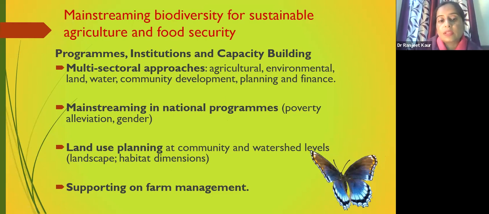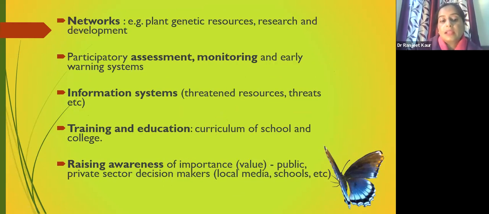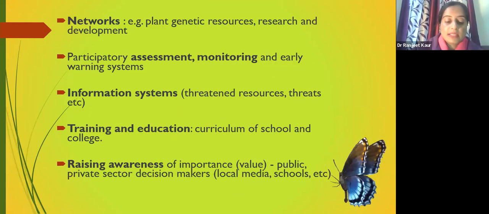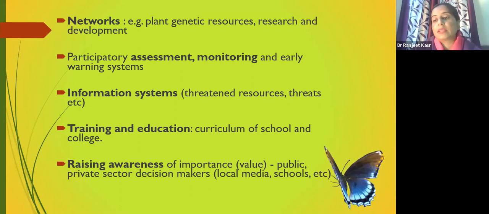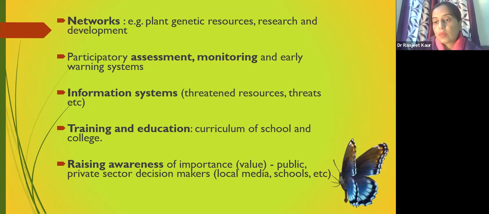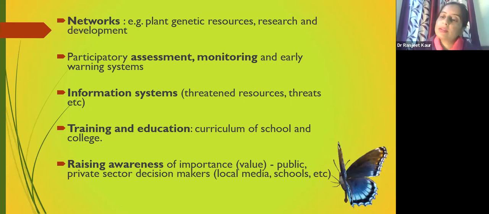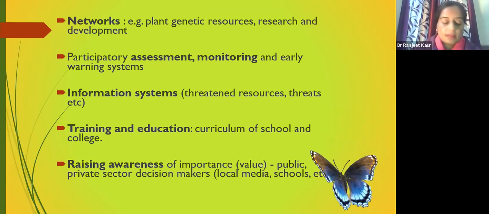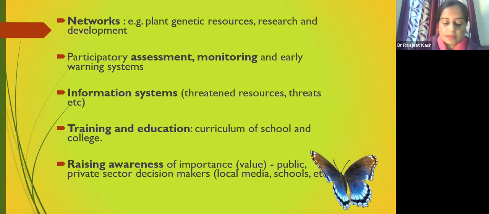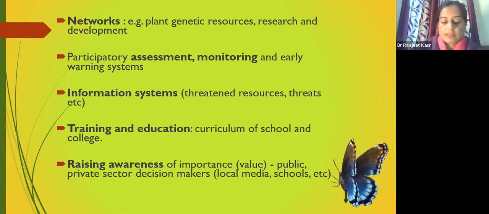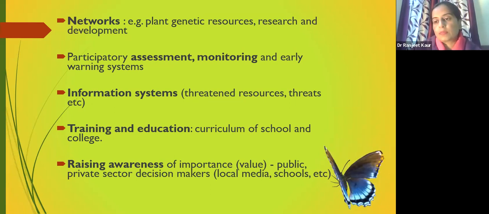There is a need for training and education, raising awareness, telling them the importance of agroforestry, why they will be economically benefited, their area, their soil will be benefited. Ultimately, they will again be benefited from all this. But this idea has to be communicated to them. So the advantage of agroforestry has to be communicated to those people.